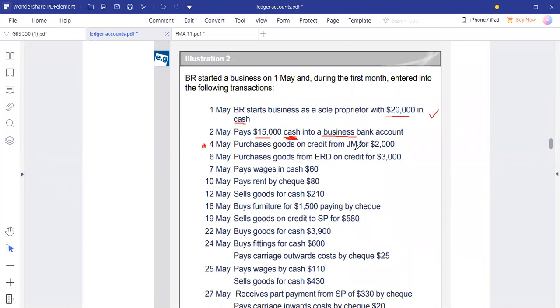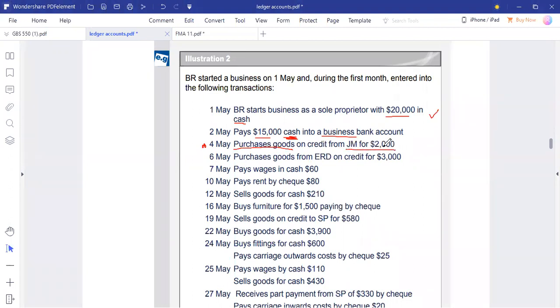Purchases goods on credit from JM for 2,000. What is happening? Which are the two accounts that are at stake? So whenever we purchase goods, we call them purchases.